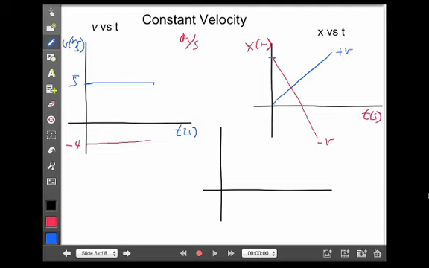Now, that slope seems to be the key word. So again, if I'm looking at another displacement time graph, and let's say I have 3 different lines: line A, line B, and line C. All of them are constant velocities.